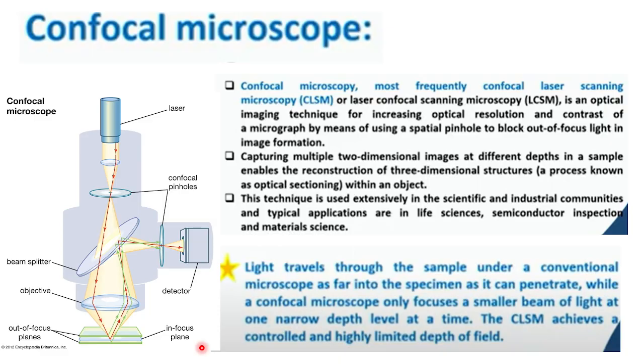Now next, the confocal microscope. This is one of the state of the art microscopes. There are two different modes. Most frequently used is the confocal laser scanning microscope, or CLSM. So, scanning and transmitting, there are two different modes.